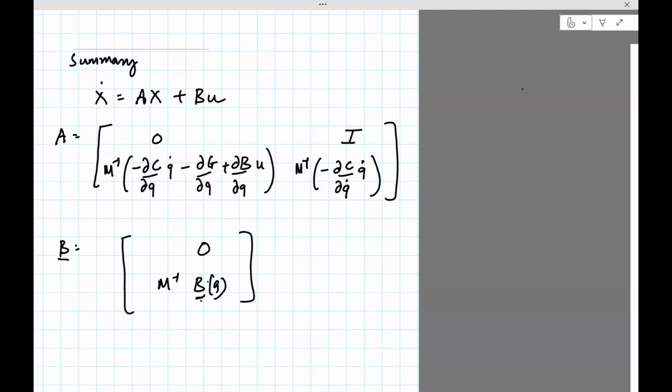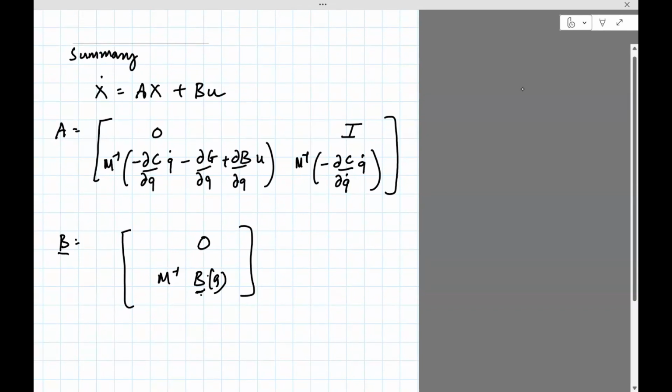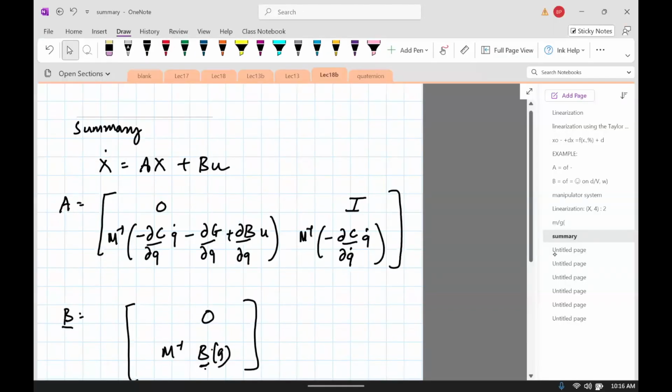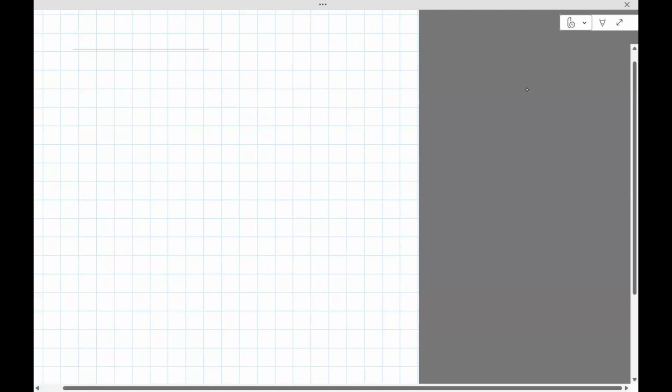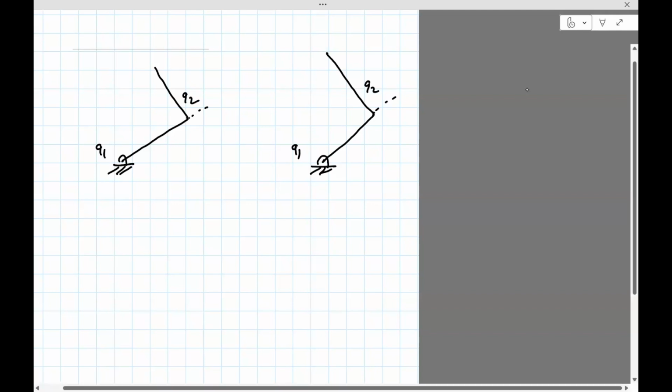Okay, so let's look at an example of where we might use this. There are two examples which I will show you with code. Both are going to be double pendulum examples, and you might have seen videos of these examples. So if we have a two-link manipulator, so Q1 is the first joint, Q2 is the second joint.